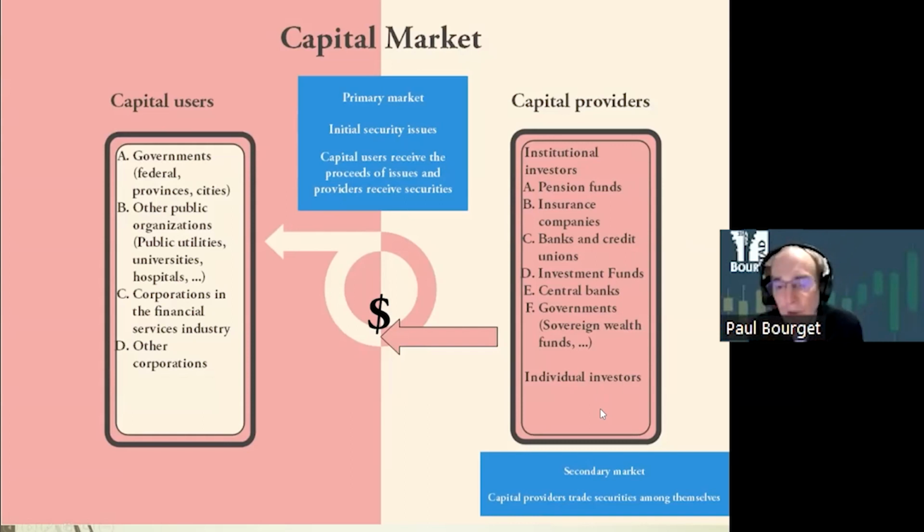When owners of issued securities want to sell these securities, they have to go on secondary markets like the exchanges, like the Toronto Stock Exchange or the Venture Exchange in Vancouver, or in the US, the New York Stock Exchange or the NASDAQ. All these stock exchanges are part of the secondary market. This is where capital providers trade securities among themselves once these have been issued.